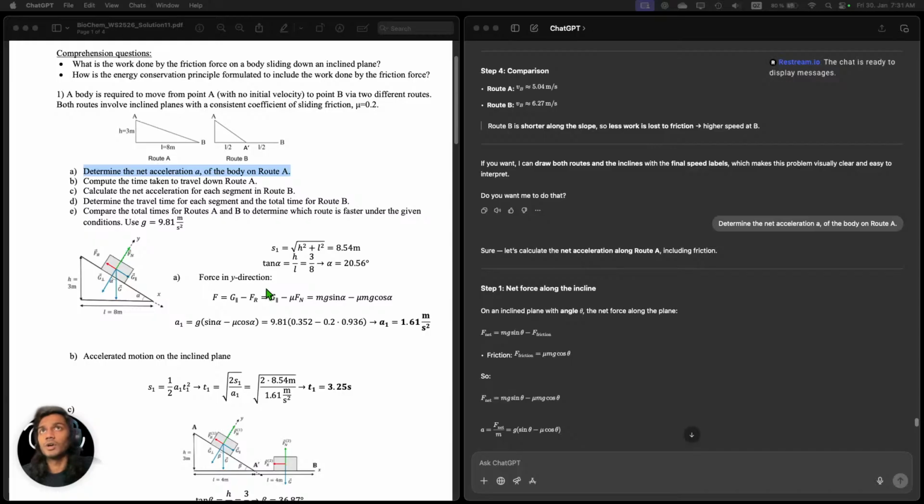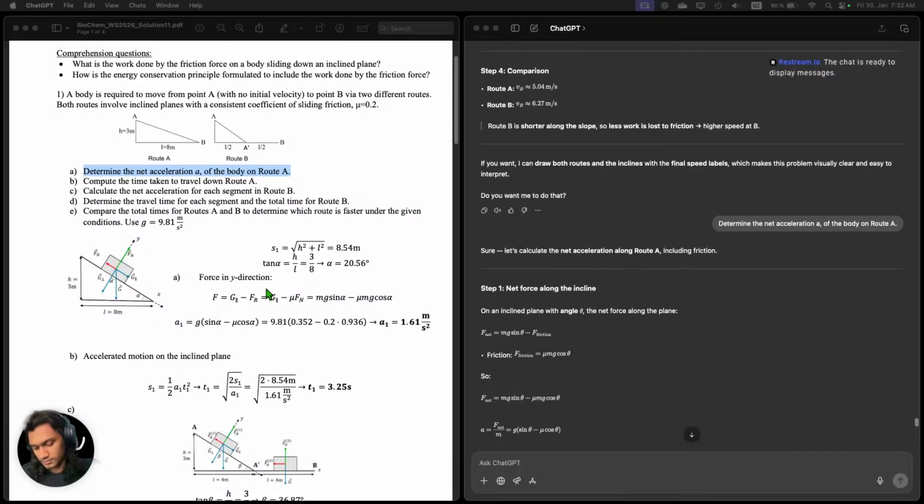What is G1? G1, I believe that's friction. I'm guessing that's 2 theta, right?